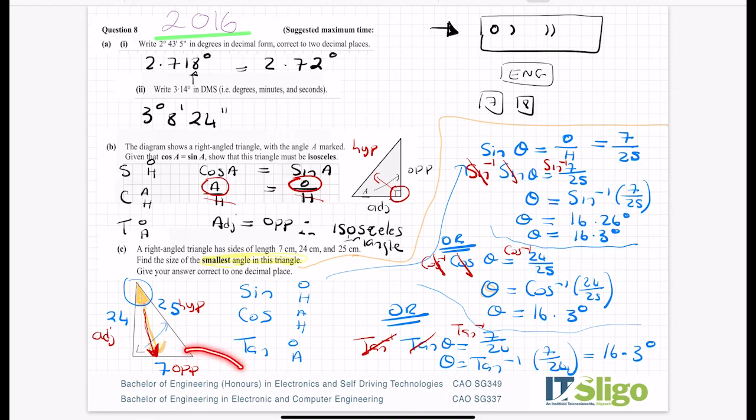If I were to work out this one now, I would add 90 and 16.3 and subtract from 180. Because I had all 3 sides, I could have used sine or cos or tan. You don't have to do all 3, you just pick whichever one you want to give you that smallest angle, being 16.3 degrees. Okay, and that was the 2016 question.